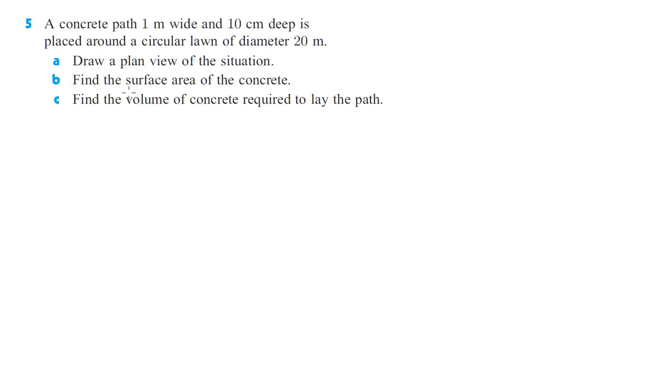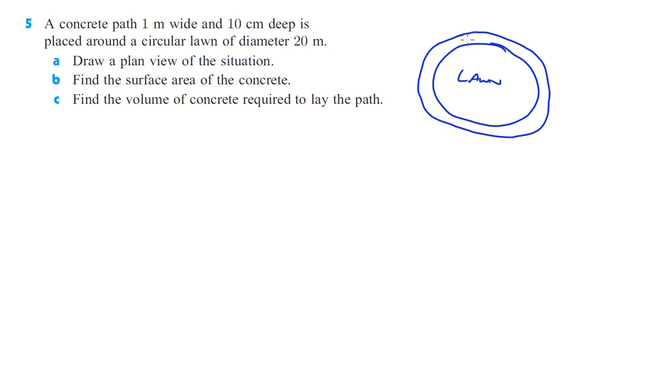And that's number 5. A concrete path 1 meter wide and 10 centimeters deep is placed around a circular lawn of diameter 20 meters. Draw a plan view of the situation. Okay, so here's our lawn, and then you've got this path that goes around the lawn, and this is 1 meter wide.